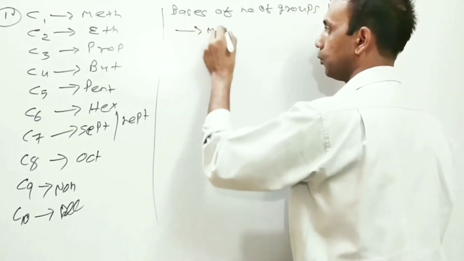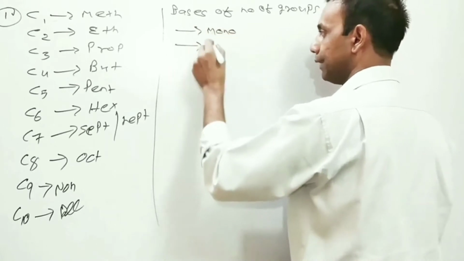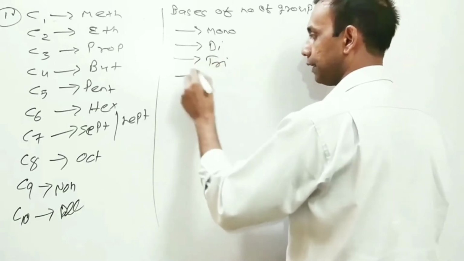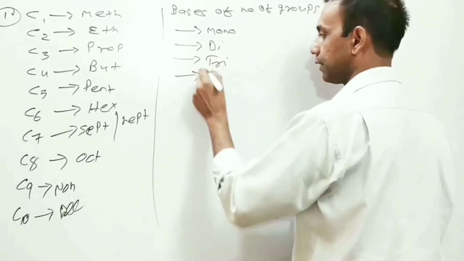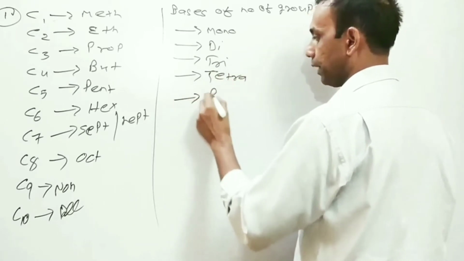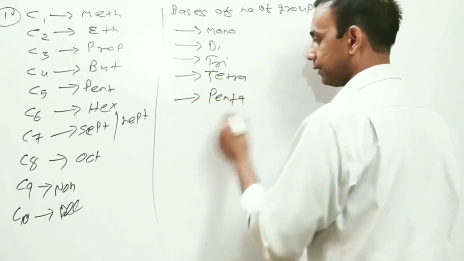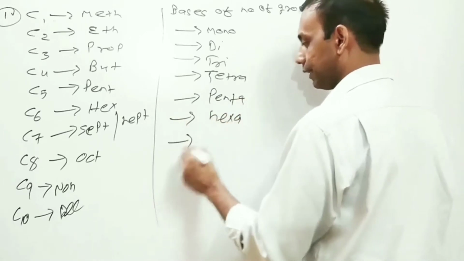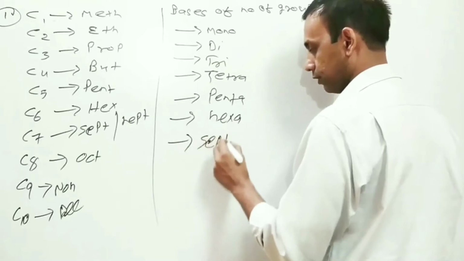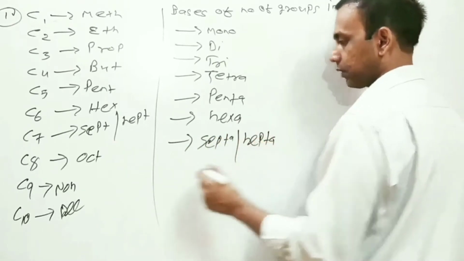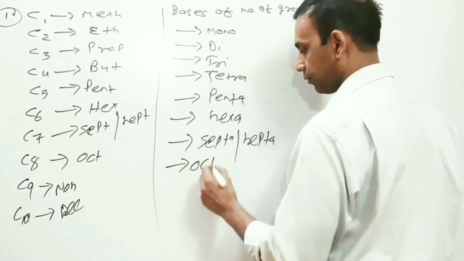Therefore, two is di. Three is tri. If there are four, it's tetra. If there are five, it's called penta. If there are six, it's called hexa. Seven is called septa, you can also call it hepta. Then there is octa.